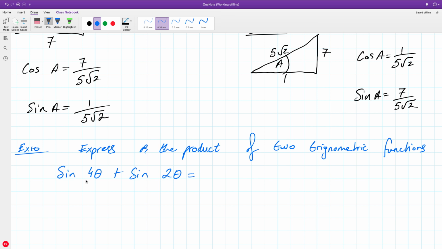So basically we're turning addition into multiplication. Exactly. So this is the sum and we want to express it as a product. So what's our formula for sine A plus sine B? 2 times the sine of A plus B over 2 by the cos of A minus B over 2. Right, off you go. It's literally just inputting figures into our formulas like we've just been doing and picking the right one.